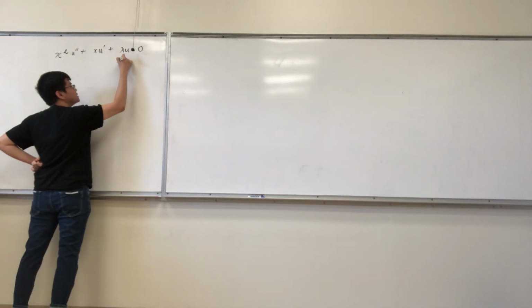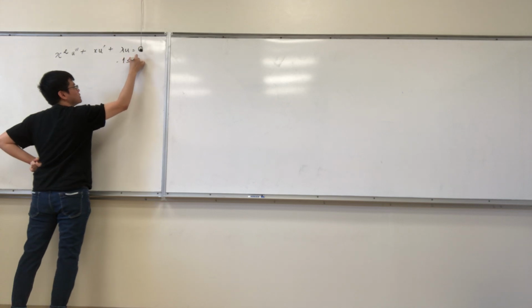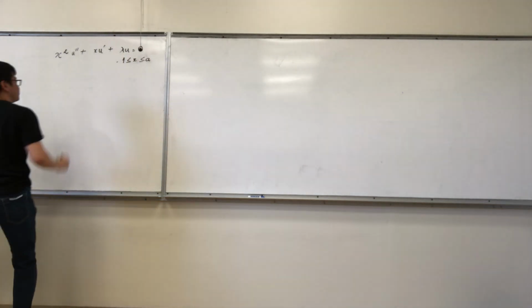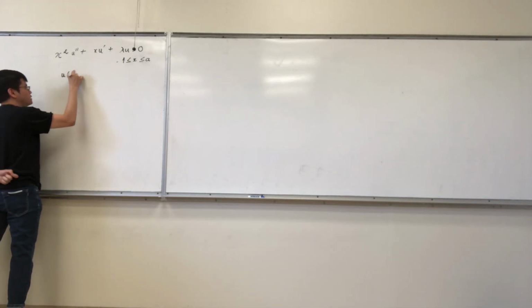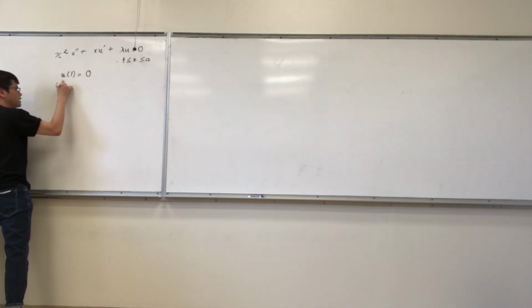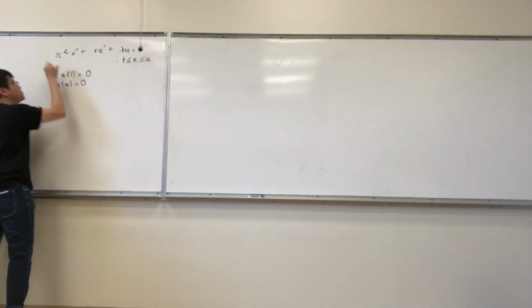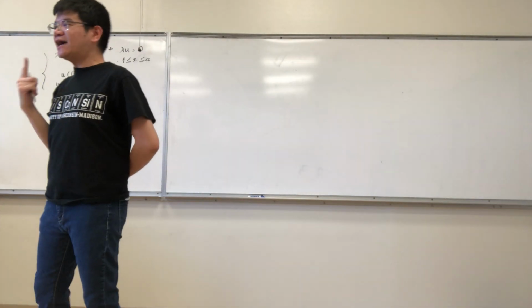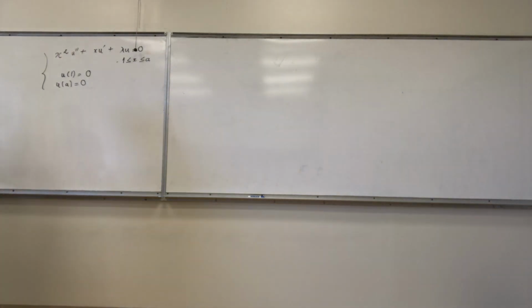We solve this on 1 smaller than x smaller than a, with the boundary conditions u(1) equal to 0 and u(a) also 0. From the previous class, this is what we've learned.